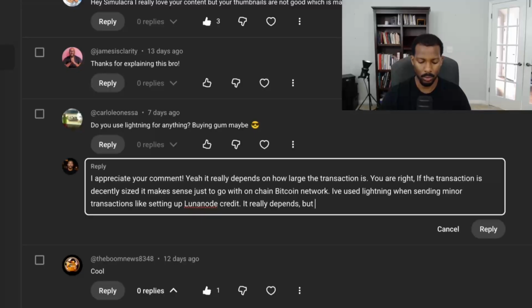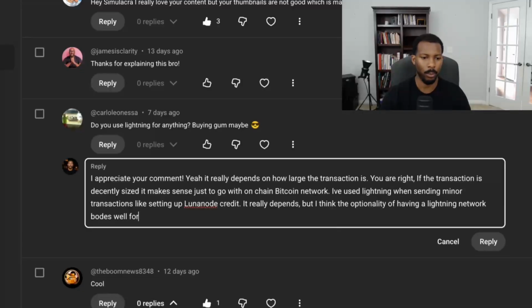But I think the optionality of having a Lightning network bodes well for Bitcoin as a payment system. All right, let's reply to him.